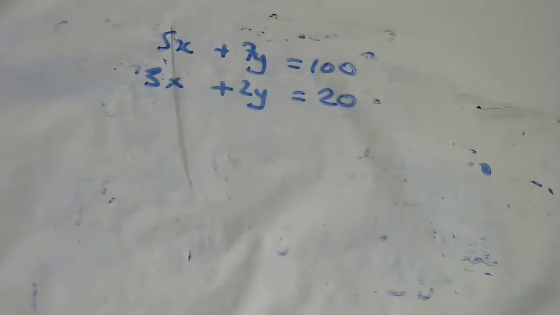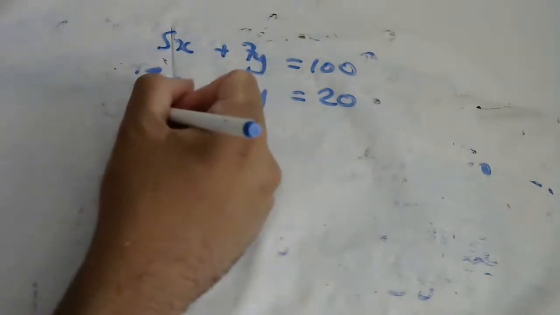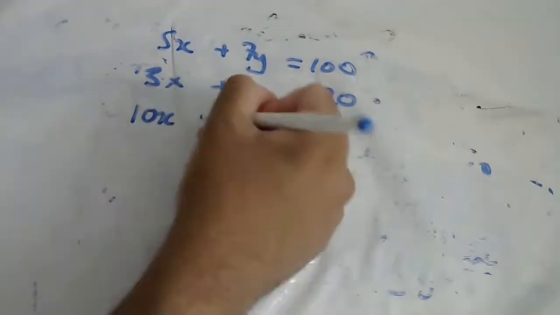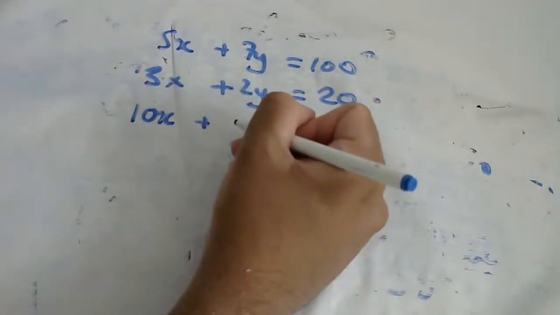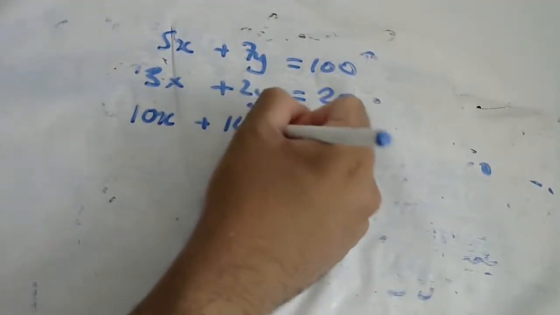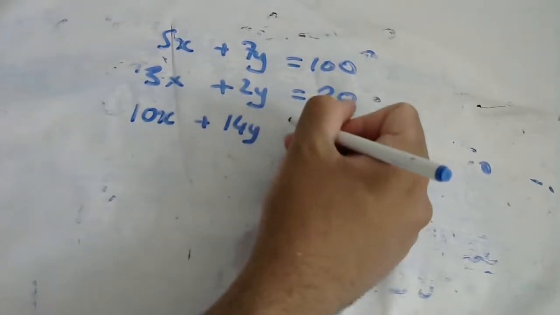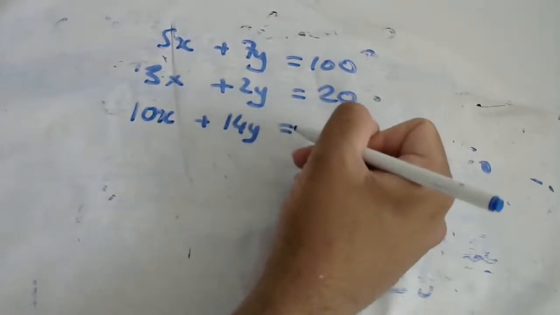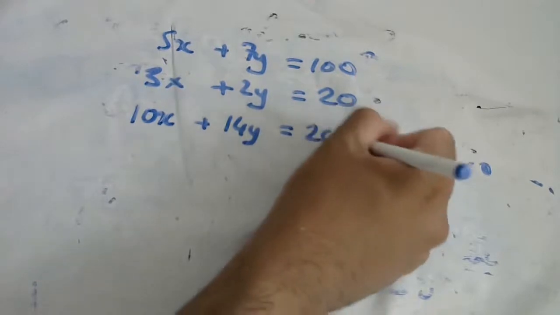You might be right. I don't know. So you're going to do it with the y's, I guess. So we'll go 10x plus 14y equals what? So times it by 2, aren't we? So 200.